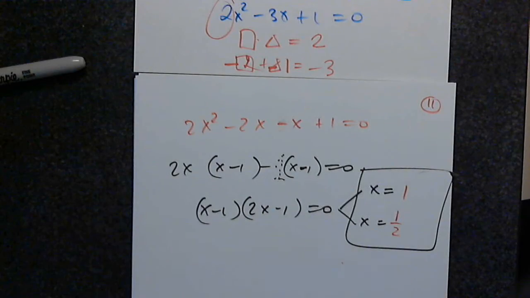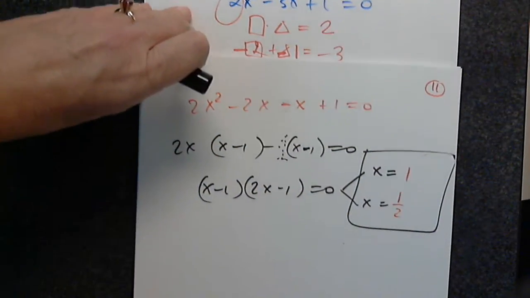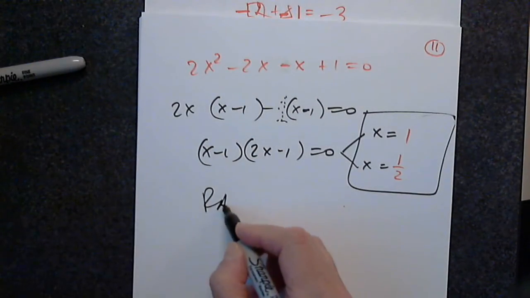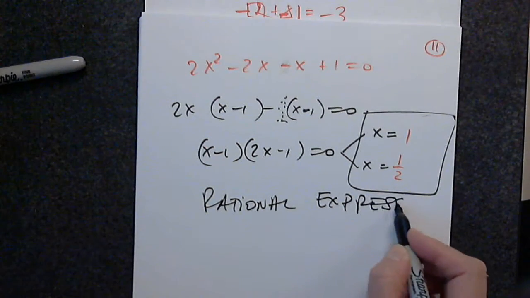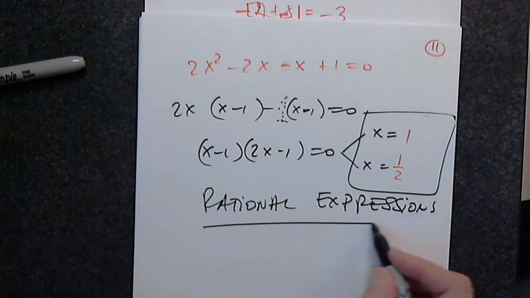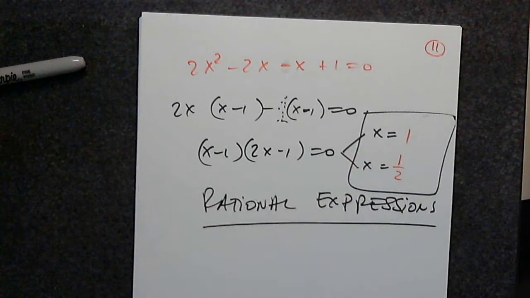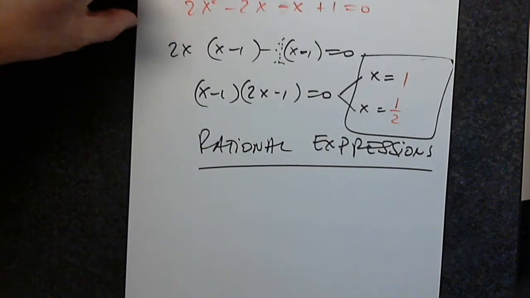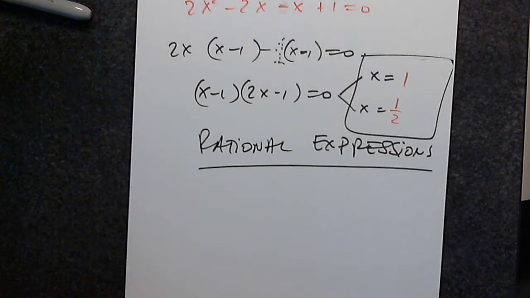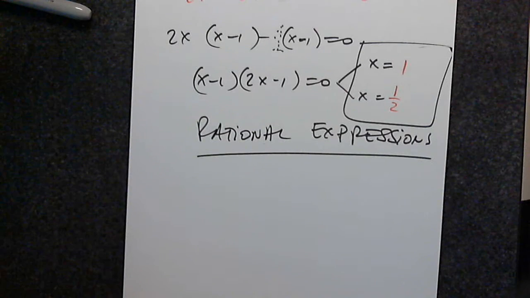Okay, so here's our next topic. Rational expressions. I know I only have about 7 minutes left. I just want to introduce the idea and how to simplify rational expressions, and then we'll continue on Monday. Okay, so here it is.